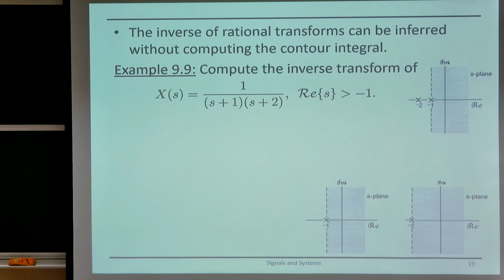So this is one example. In this example, just by observing the form of the Laplace transform, we should be able to obtain the inverse Laplace transform. Suppose that this x of s is 1 over s plus 1 times s plus 2. Similar to computing the inverse Fourier transform, the first step is to split this into two terms using partial fraction expansion.